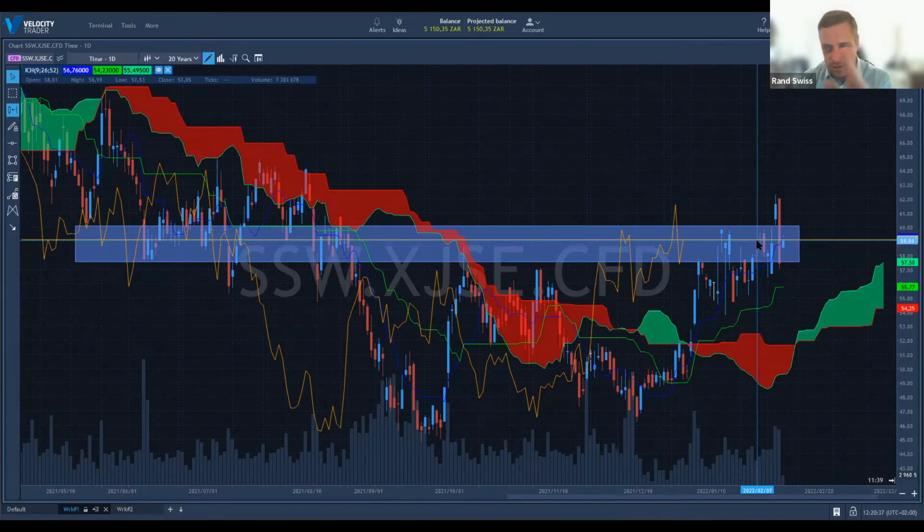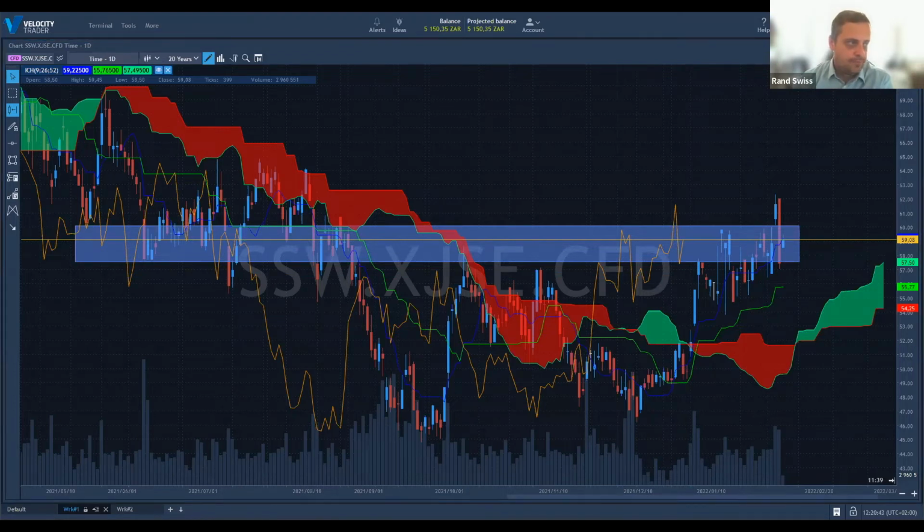So don't just think that because there's a bearish divergence on the MACD, it will now fall. Don't think this indicator is wrong just because there's a bearish divergence. Take all these things into account. So at the moment, this is looking very bullish on Ichimoku.